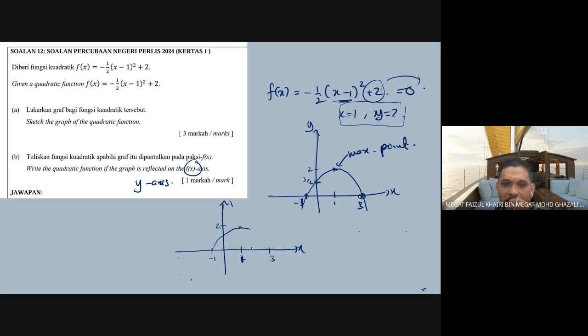So the graph will be something like this.